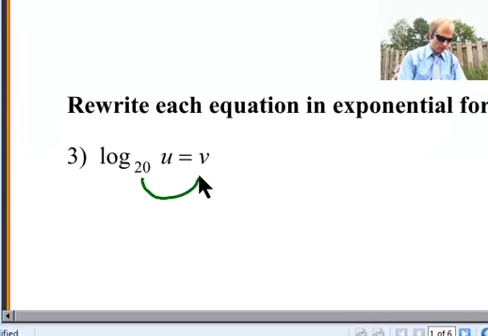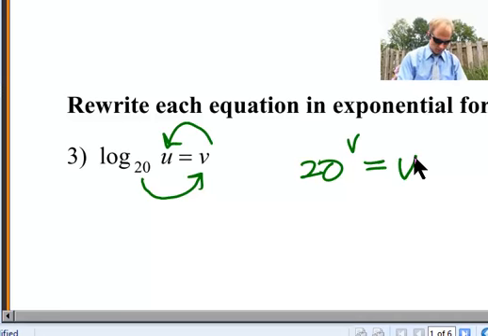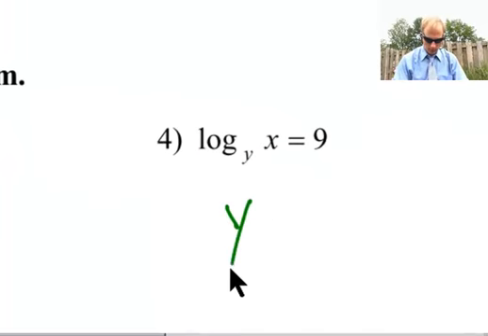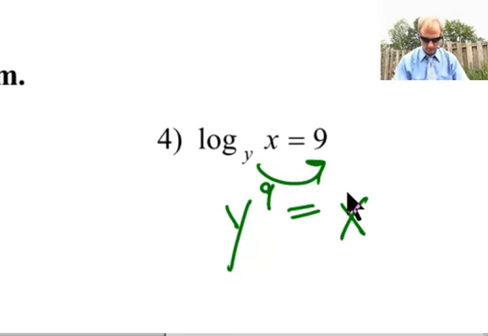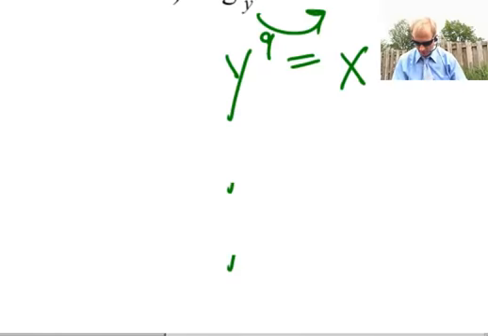So I always start with a base, I raise it to the power that's on the other side of the equal sign, and that gives me the argument of the log. So this one would be 20 to the v power equals u. The next one, following that same model, would be y to the ninth power is equal to x. And that's it for that.